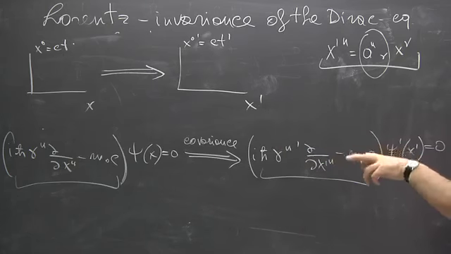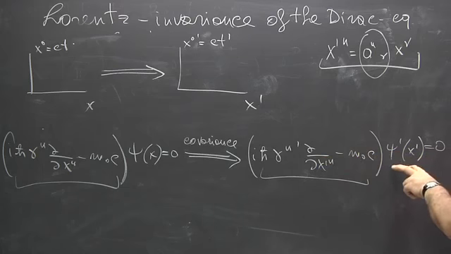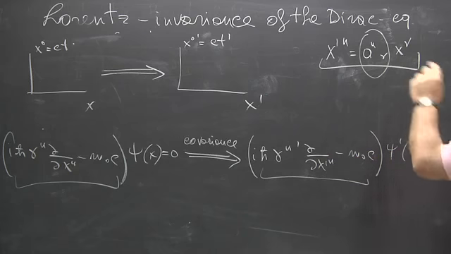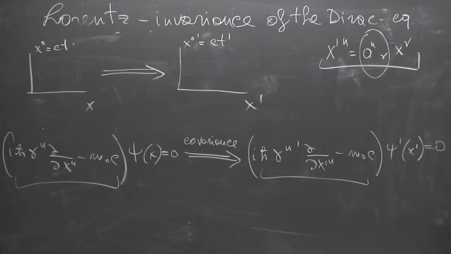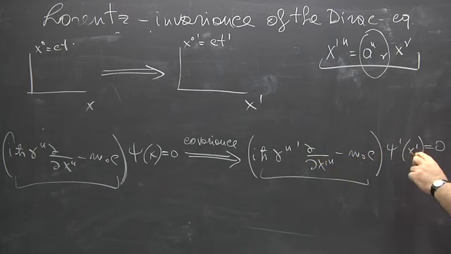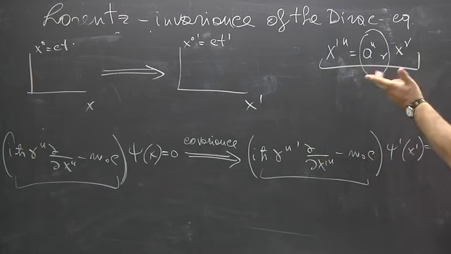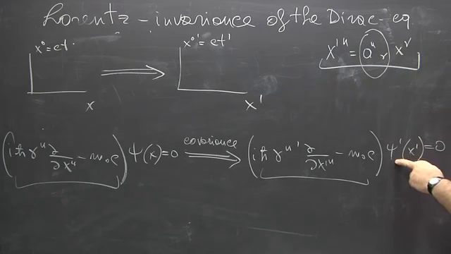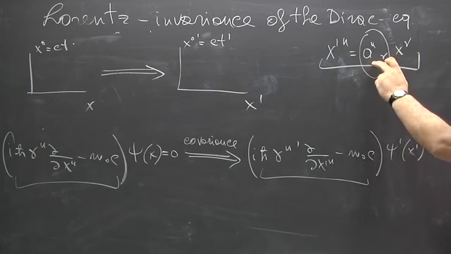And why do we want the same formal structure? Because in that manner, the solutions are the same, provided only we change x into x prime. And in fact, for the Klein-Gordon, we only had to change x into x prime. We did not have to change psi. For the Dirac equation, what we will see is the difference: there is a manner to preserve the same form, but we have to change not only x, but also psi, in a manner that depends only on this coefficient.